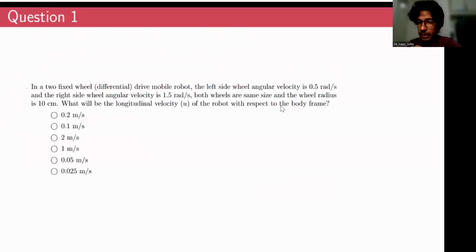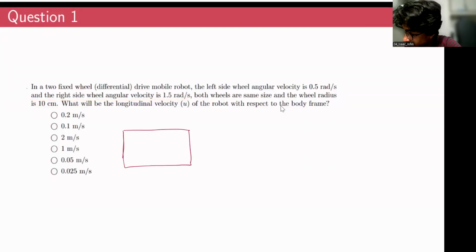Okay, so the first question basically says, in a two fixed wheel differential drive mobile robot, the left side wheel angular velocity is 0.5 radians per second, and the right side wheel angular velocity is 1.5 radians per second. So if you consider this to be the differential wheel robot, we have the body fixed frame of reference like so.